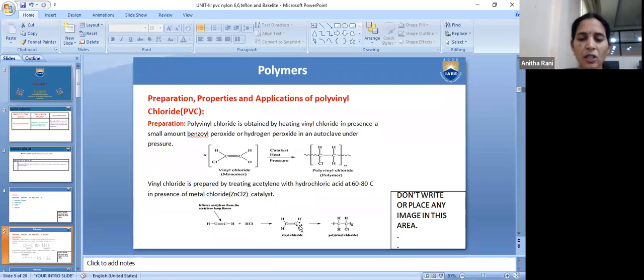Then we take n molecules of vinyl chloride in the presence of benzoyl peroxide or hydrogen peroxide catalyst, apply heat and pressure, and prepare polyvinyl chloride. This is the preparation of polyvinyl chloride.